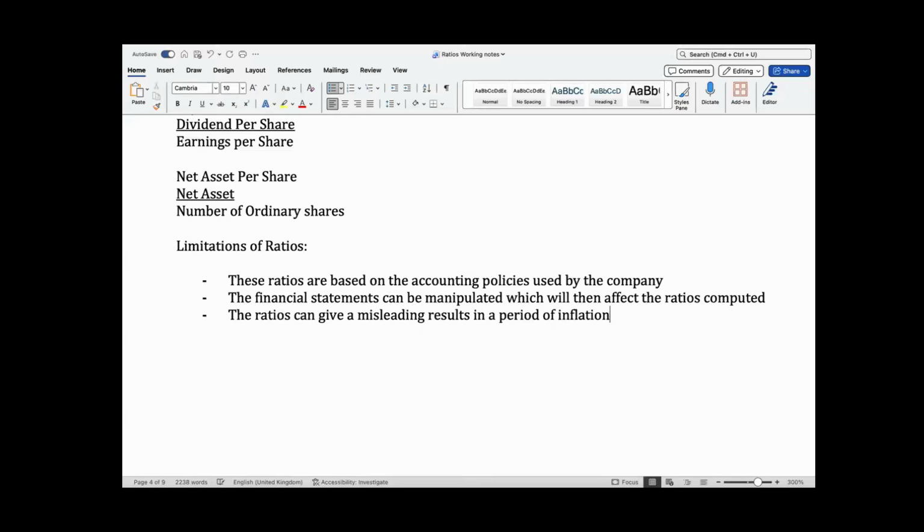Where there is inflation, there are some ratios that would be inflated, like your gross profit margin, for example, because your cost of sales might be depressed or even increased when there is inflation, and it can affect a lot of your ratios, as it were.